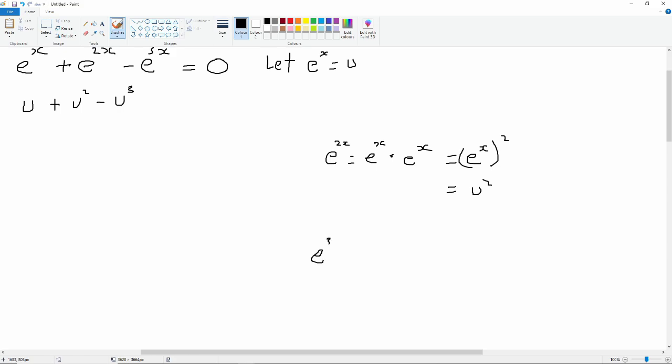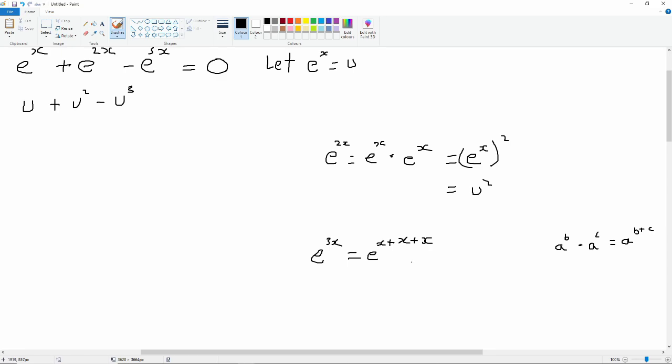E to the power 3x, we could actually say that's equal to e to the power x plus x plus x. And if we remember our law of indices, a to the power b multiplied by a to the power c is equal to a to the power b plus c. This is correct because we are multiplying.